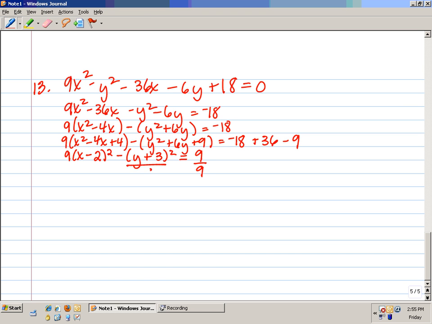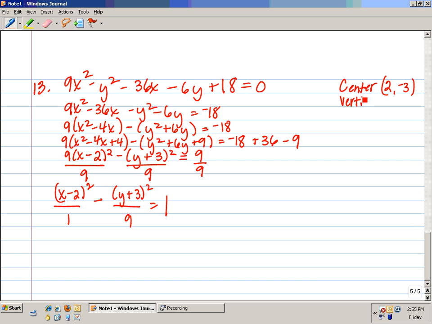We're going to divide everything by 9. And so that leaves me with x minus 2 squared over 1 minus y plus 3 squared over 9, and that equals 1. So let's start. We have a center at 2, negative 3.